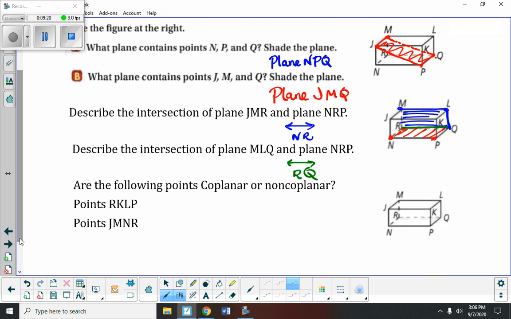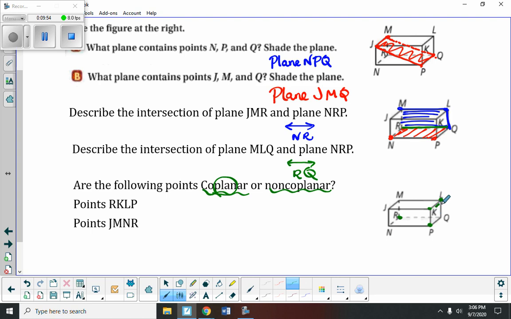Let's look at our next question. Are the following points coplanar or non-coplanar? So remember, coplanar means on the same plane. So let's look at this. Points R, K, K is up here, L, and P. All right, so we have 4 points. Is there a piece of paper that we could put on that picture, picture it 3-dimensional, so that it would touch all of the sides?